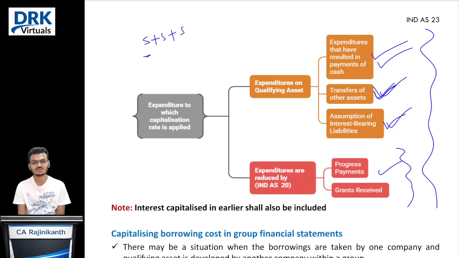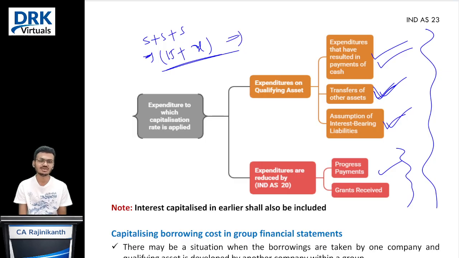So all these expenses total, suppose, 15. And the borrowing cost that we capitalized as per step 3 in the first year, you add that. So this total amount will be the first amount you consider in the calculation of weighted average expenses incurred during the second year. This is going to be the starting point of your step 2 in the second financial year or subsequent years, if any. The same process we should repeat.